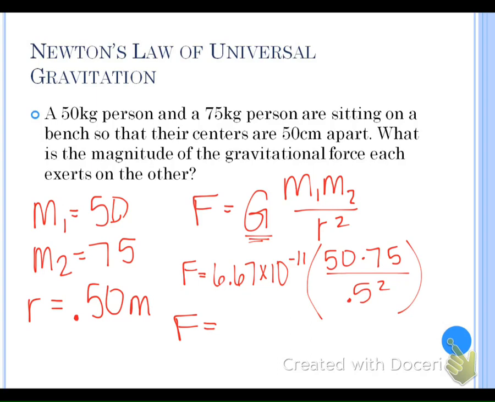Yeah, good, it should be in newtons. What do we get for our force? About 1 times 10 to the negative 6. That's what I got, about 1 times 10 to the negative 6.